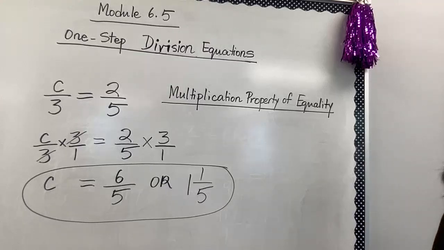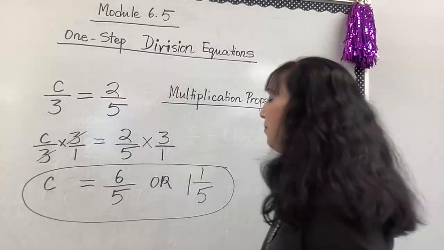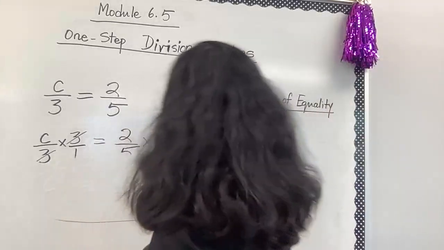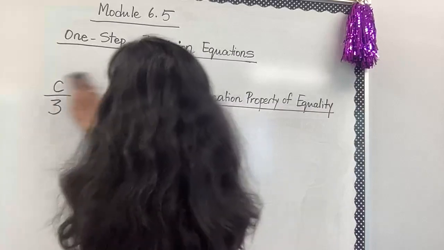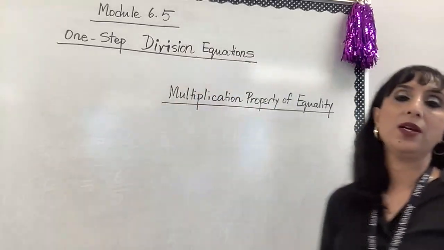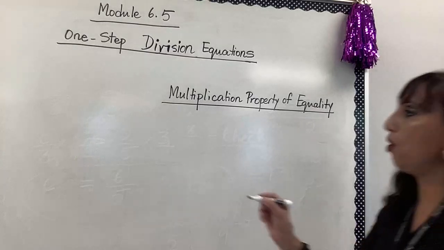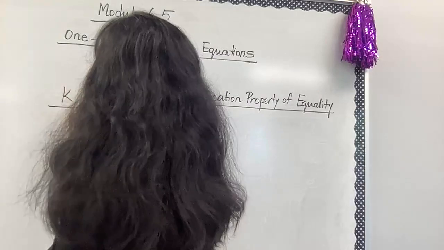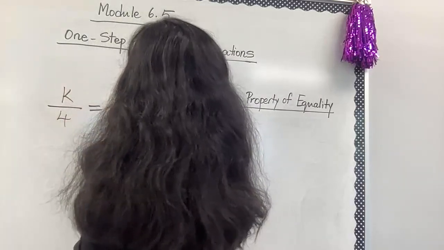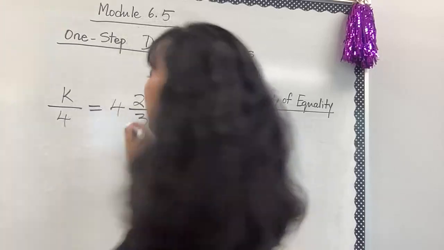Okay. Let me try one with a mixed number. So you can see that no matter what, this property is going to work for everything. Okay, so if I give you a problem where it says k/4 is equal to 4 and 2/3.